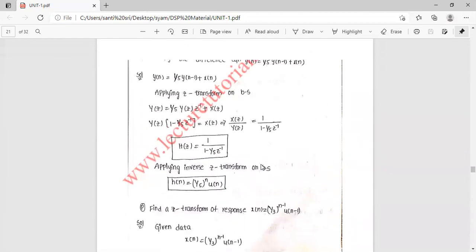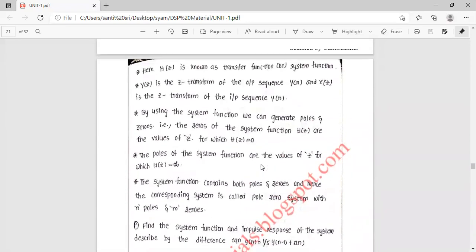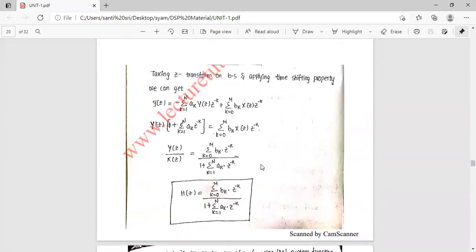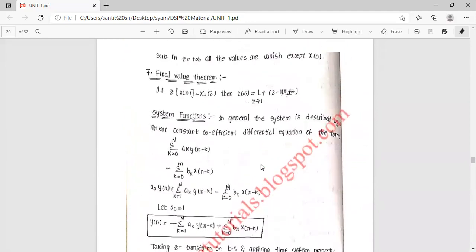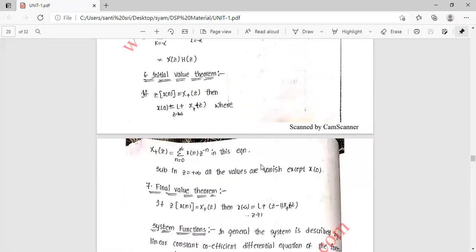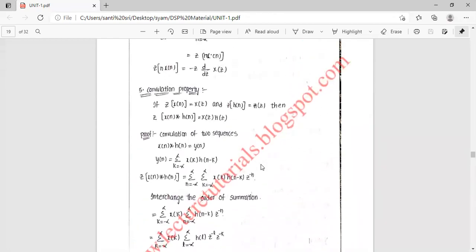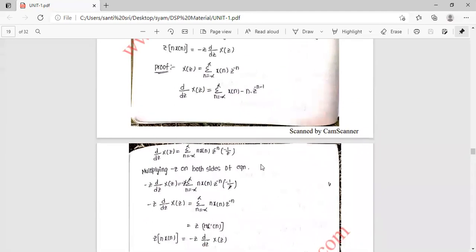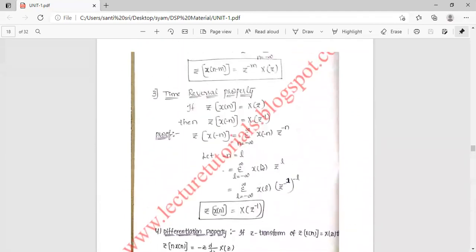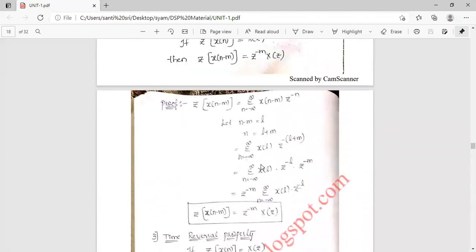Next, properties of Z transforms, and the convolution property of the Z transform. All these things were discussed in this unit. Next, system function. What is meant by system function? System function is nothing but the output by input response. So all these topics were discussed in our first unit.